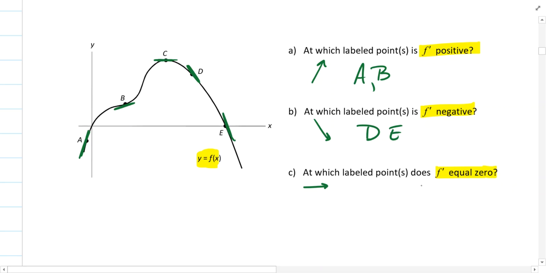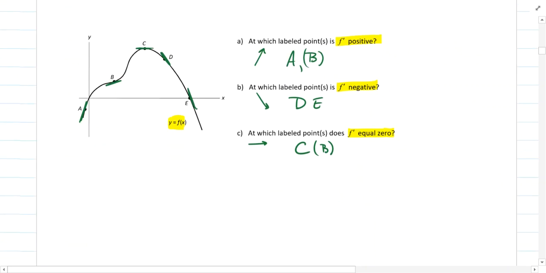And to say that the point or points where the derivative is equal to 0, C would be a good answer. Now, if you were thinking that B is at a spot where it levels off, then you could move this answer B from the first group to the last group, and I would still give you credit. Of course, I can't give you credit if you label it twice, but if you didn't have the answer B here, but you did include it down at C, I think that would be perfectly fine and acceptable as well.